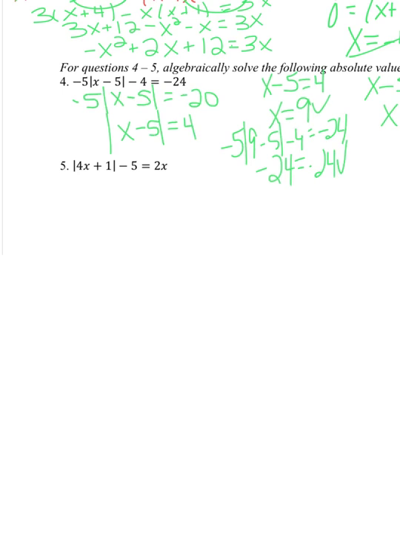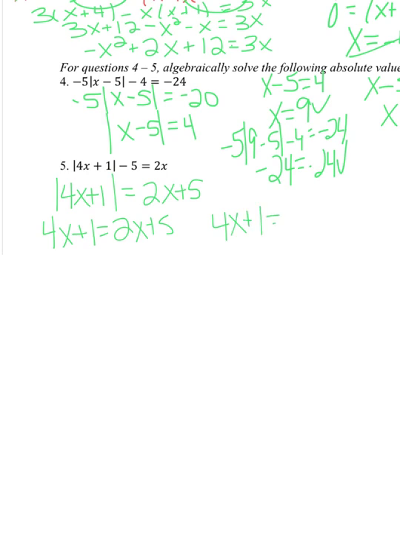For number 5, a little bit more difficult is number 5 because you have a binomial on the other side. So this is the absolute value of 4x plus 1 equals 2x plus 5. So my absolute value is isolated, so I have 4x plus 1 equals 2x plus 5, or 4x plus 1 equals negative 2x minus 5.